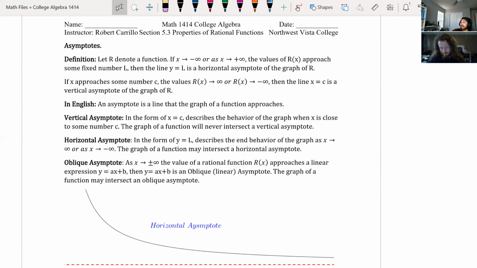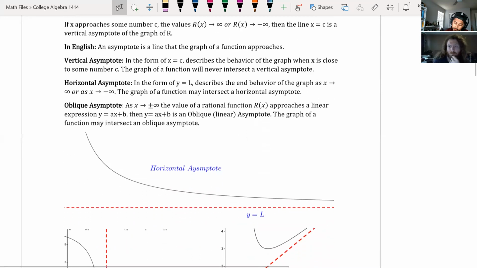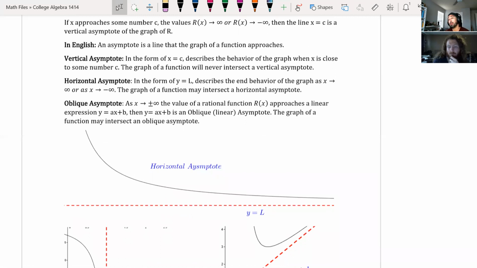If x approaches negative infinity, or as x approaches positive infinity, the values of R of x, or the values of y, will approach some fixed number L. Then this line is called a horizontal asymptote of the graph of R. So I have a picture of a horizontal asymptote below.